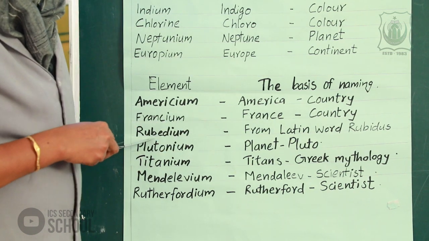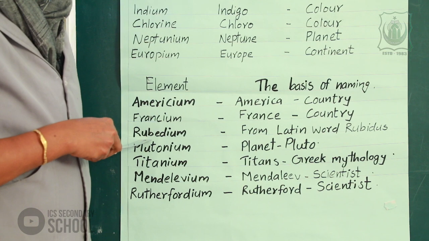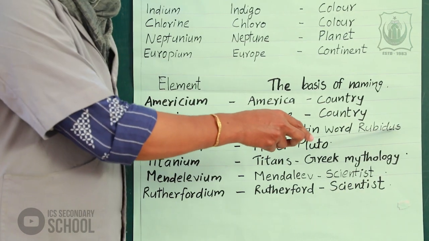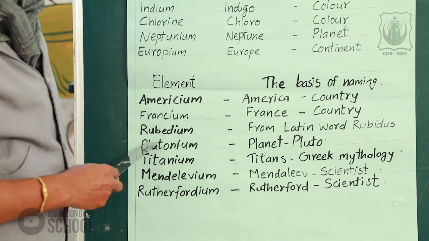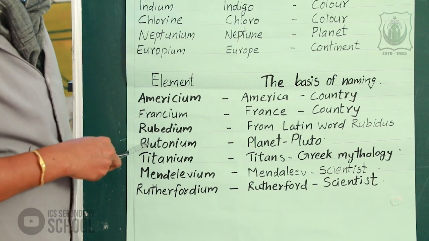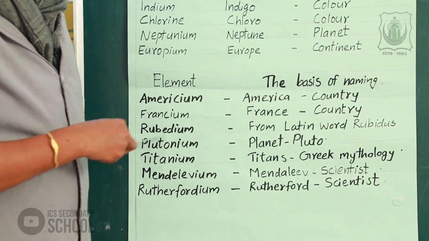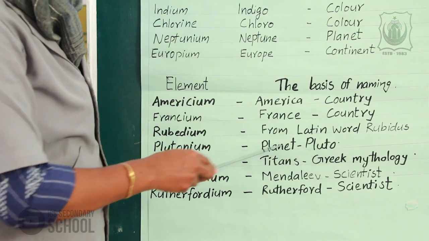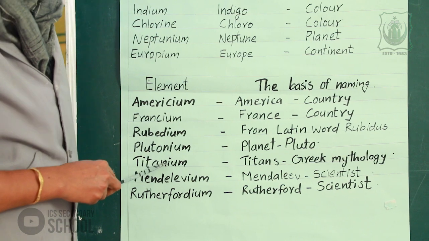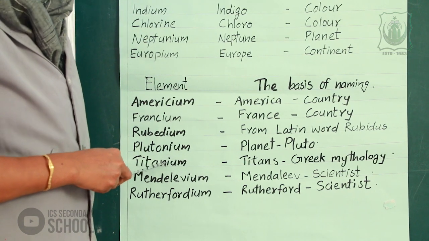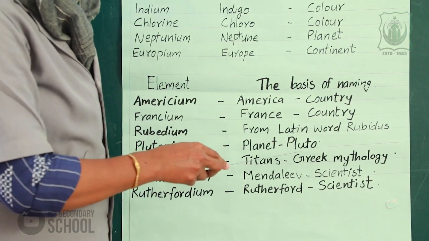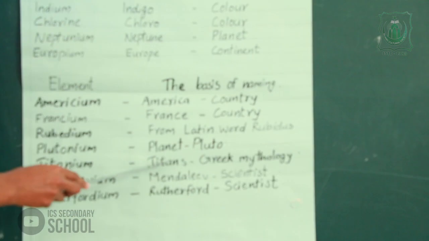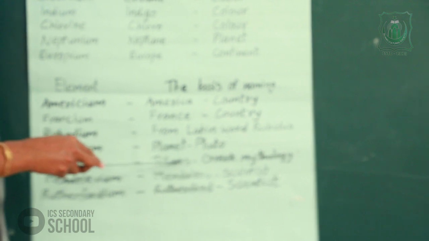Next one, rubidium. Its name is originated from the Latin word rubidus. Next one, plutonium. Plutonium originated from the planet name Pluto. Next one, titanium. Titanium is originated from Greek mythology, the gods' sons named Titans.